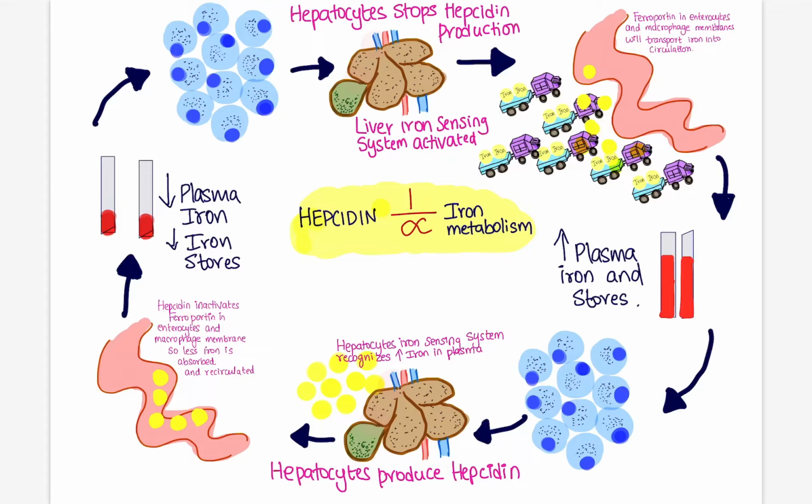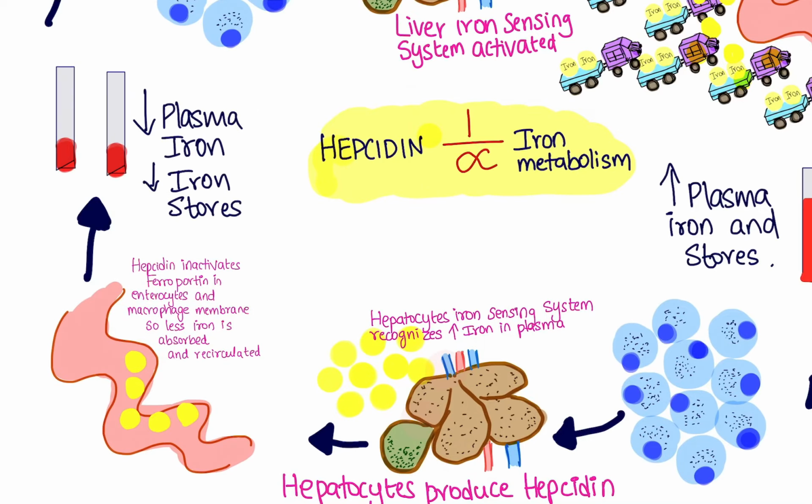So if there is more iron, hepcidin will be produced, and this hepcidin will inactivate ferroportin in enterocytes and macrophage membrane. So less iron is absorbed and recirculated. Hence, it helps to avoid iron overload and maintains homeostasis.